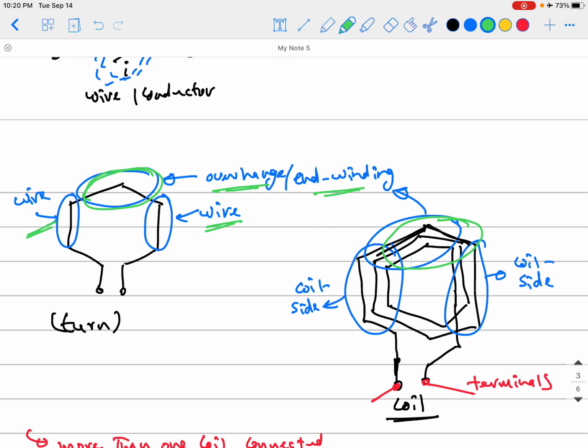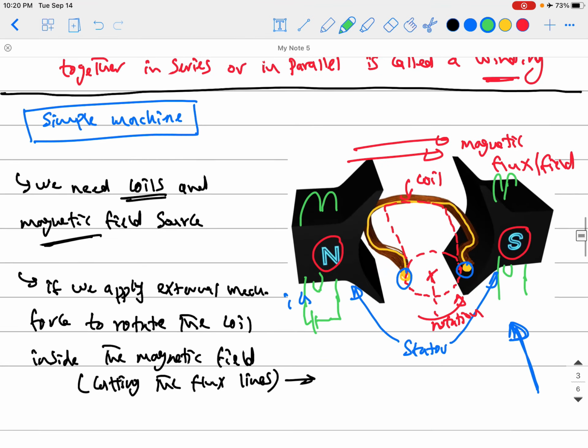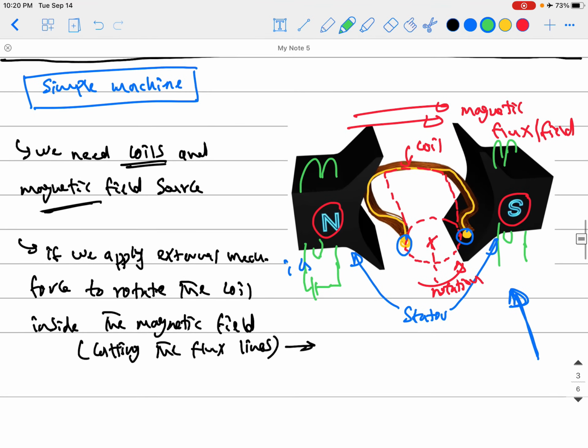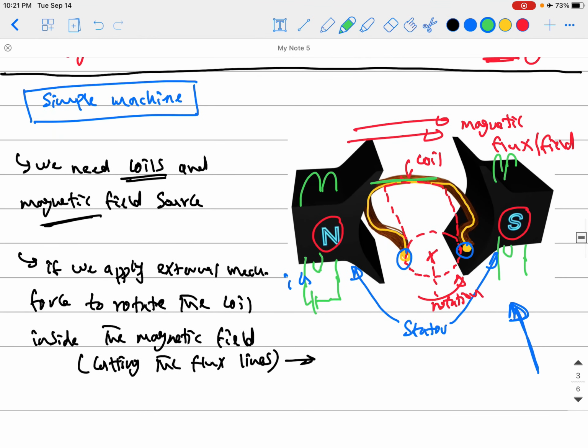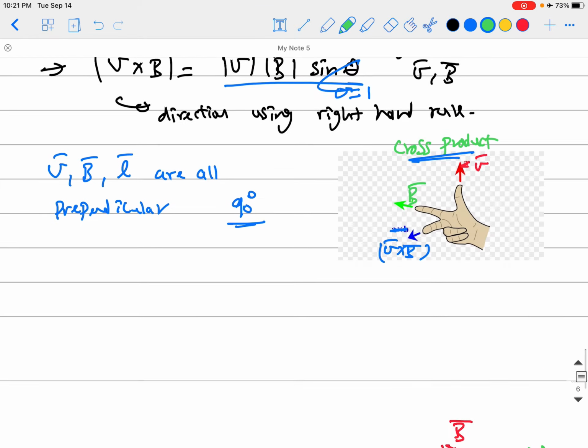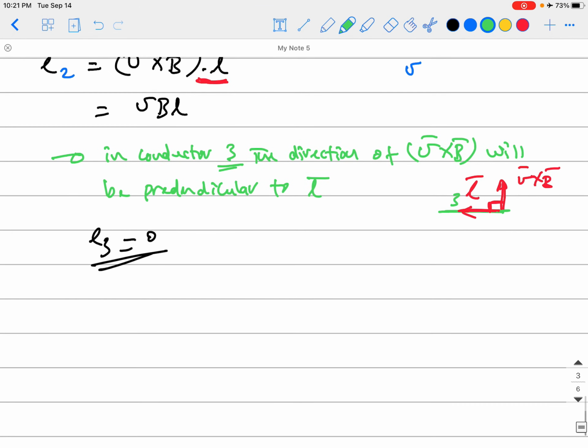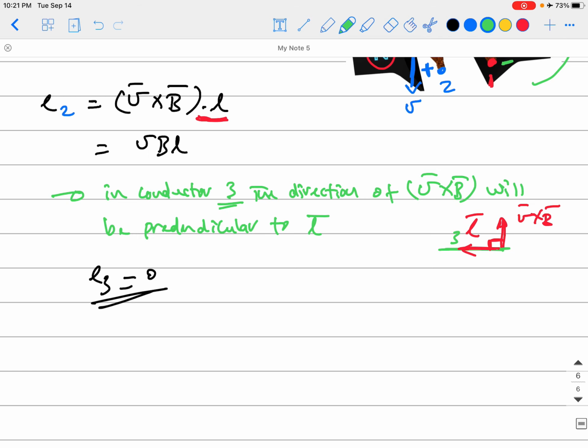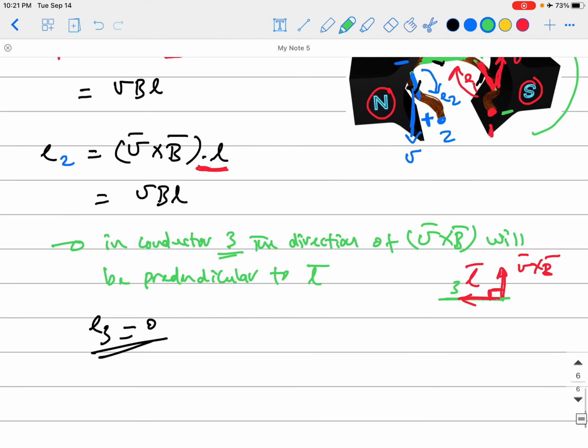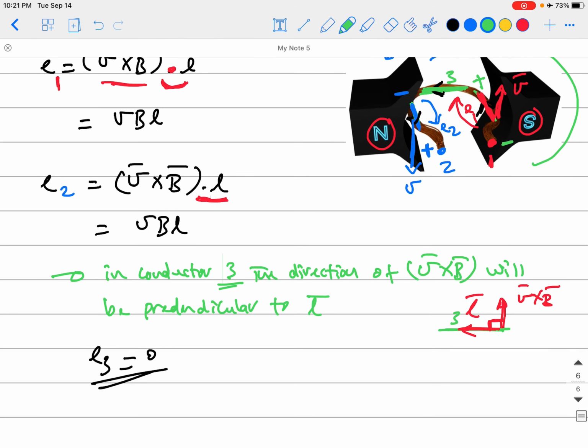Why? Because of its position like this. It will be just in the same direction of the flux lines. So the flux lines go like this, and this is just parallel to them. So, like we said, if you try to calculate the induced voltage, it will be just E equals 0.